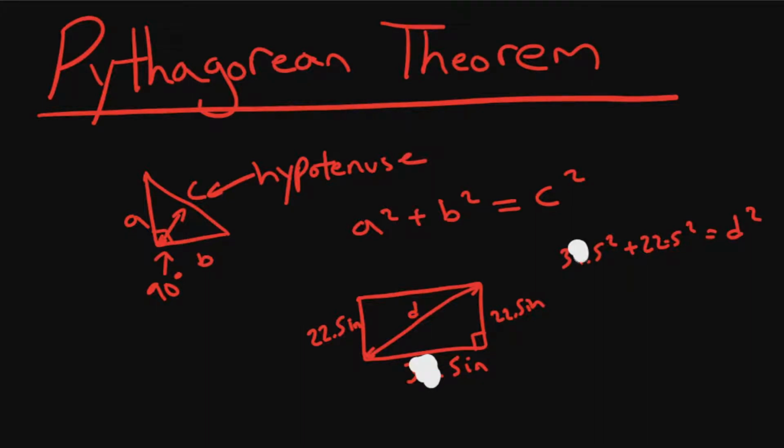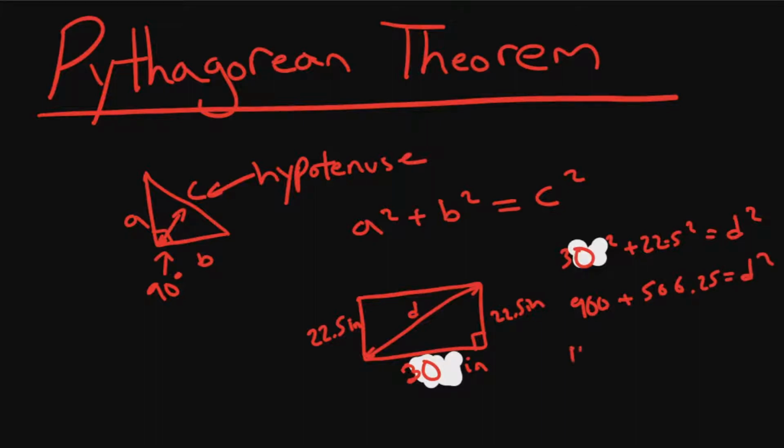Oh no, I have white on the screen now. That's okay. This is 30. 30 squared is 900. 22.5 squared is 506.25, and that's equal to D squared.